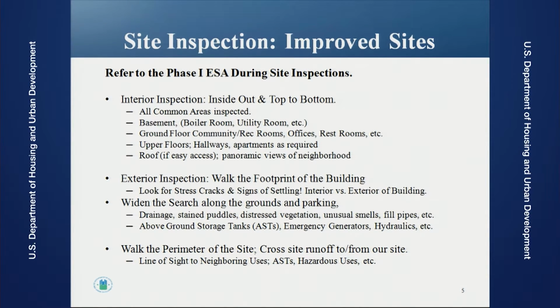I inspect all common areas in between. I walk the hallways. Ground floor, you've got community rooms, rec rooms, offices and restrooms, etc. Be polite, knock on doors if you're going into restrooms of the opposite sex, but you really need to see these. In the upper floors, hallways, you are going to be going into apartments as required.